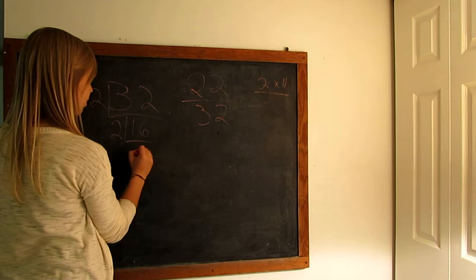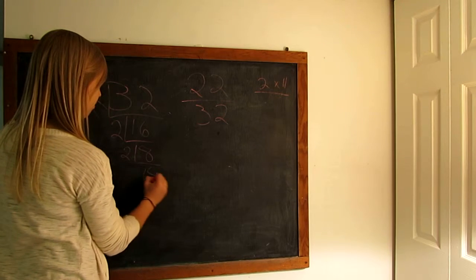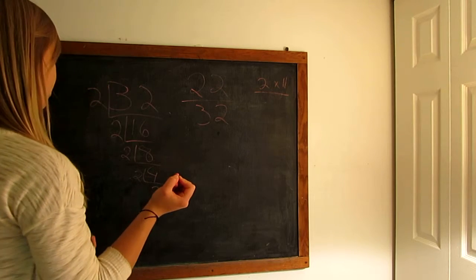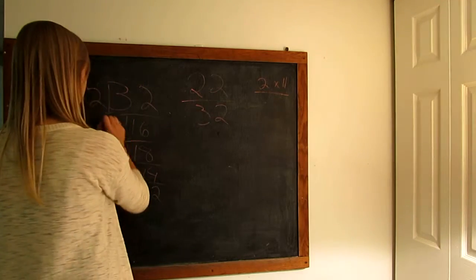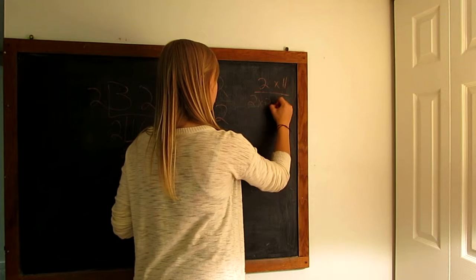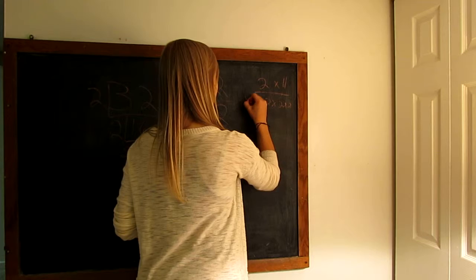We'll get 8. Divide that by 2, we'll get 4, by 2, 2. So for 32, we're going to get 1, 2, 3, 4, 5. 2 is going to happen 5 times. So 2 times 2 times 2 times 2 times 2.